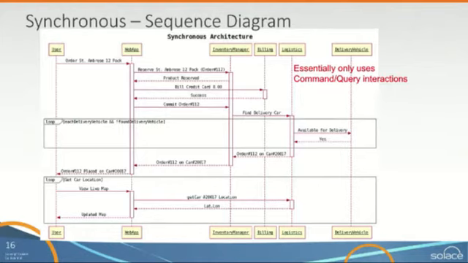Another problem is that this basically is using purely just a bunch of command and query interaction. So for instance, inventory manager is telling logistics to find a car. The web app is telling the inventory manager to bill a credit card, etc. So that's probably not a great idea.